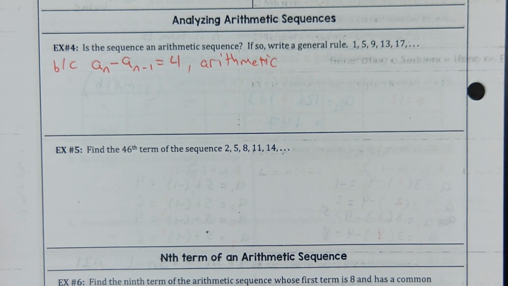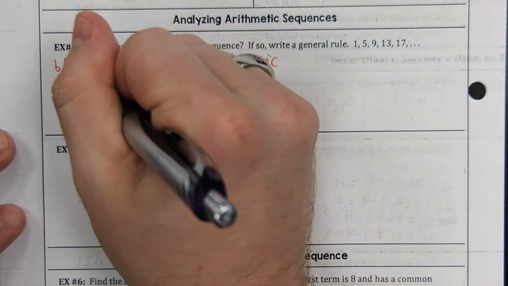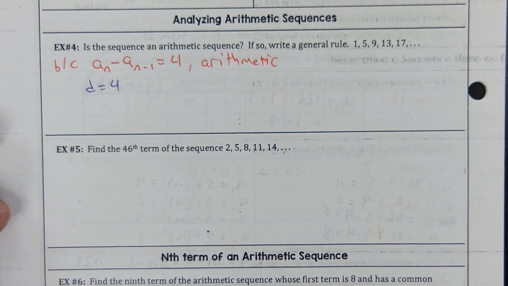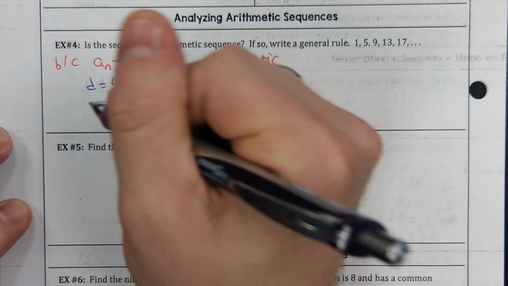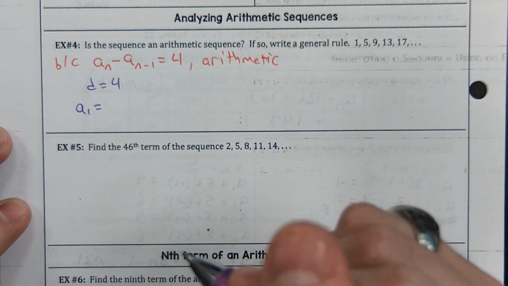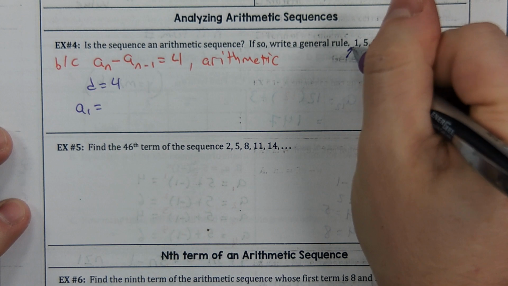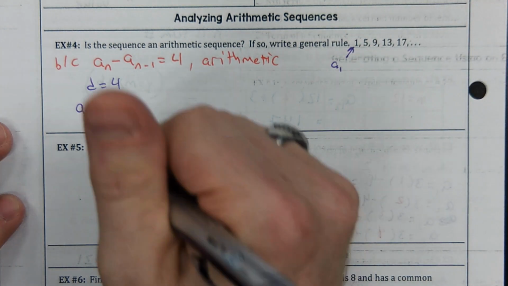We showed that no matter what, if we take a term and subtract the one before it, we got the exact same number every time. So d is 4, and a sub 1 is, well, it's right there. That's a sub 1. It's 1.